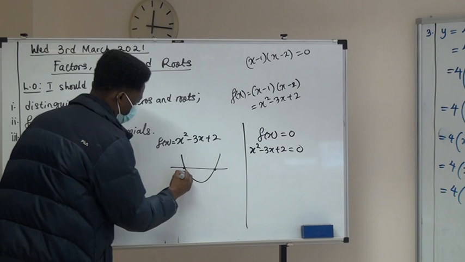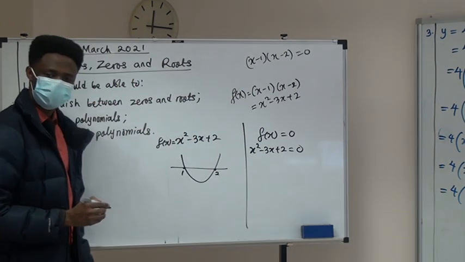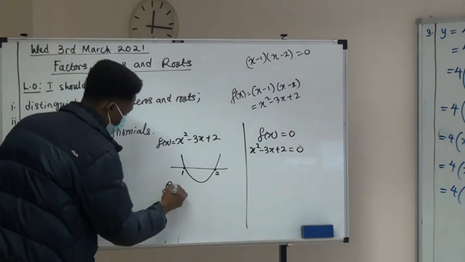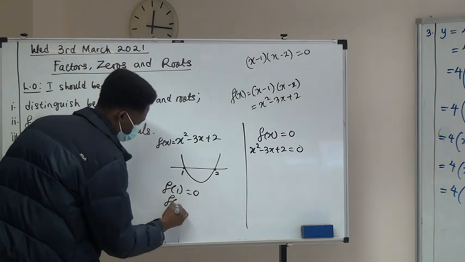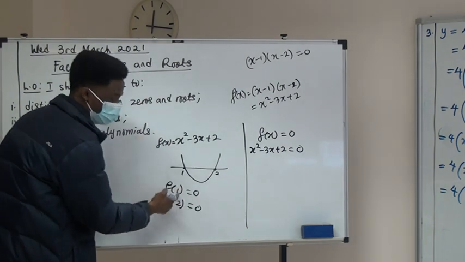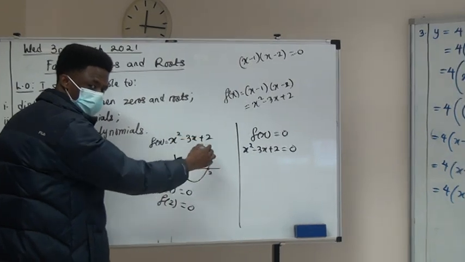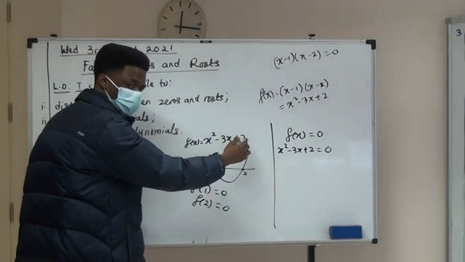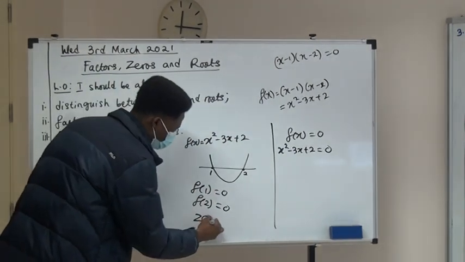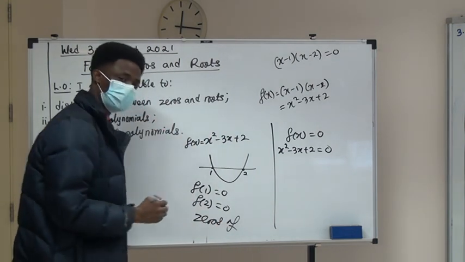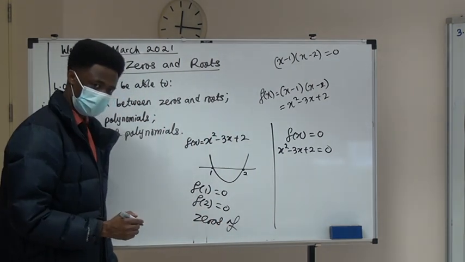So that will be 1 and 2, because f(1) = 0 and f(2) = 0. Since these two values can be substituted into this expression to make it 0, they are called the zeros of the quadratic expression.